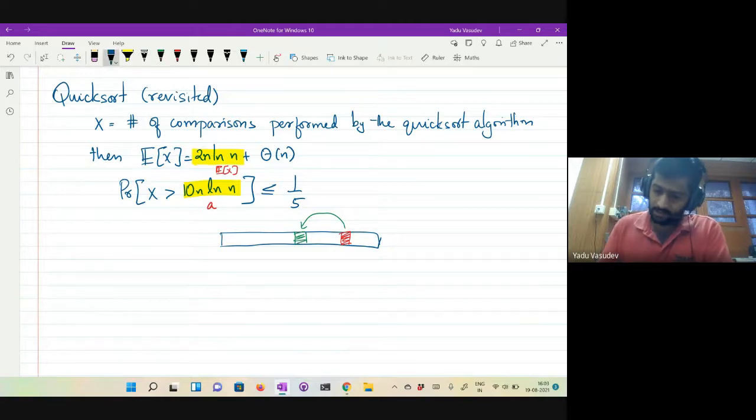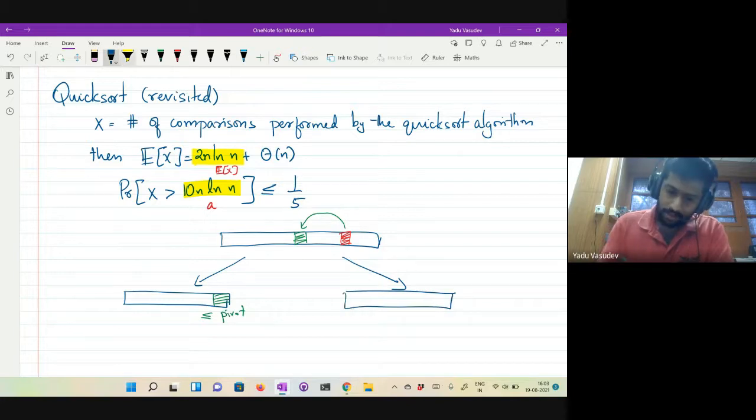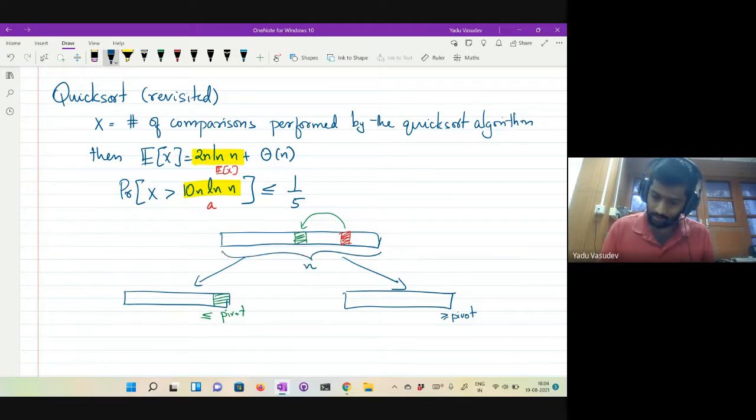In which case you split the sorting into two subarrays, where the pivot sits here, and all numbers on one side are less than the pivot, and all numbers on the other side are greater than the pivot. And then you recurse. This array size was n. This has become smaller; its size is something less than n.